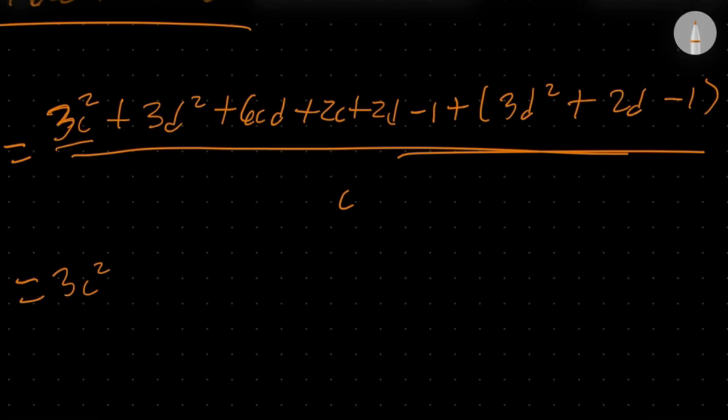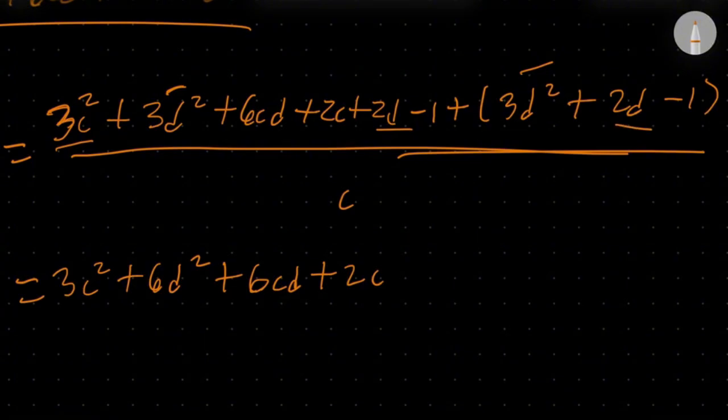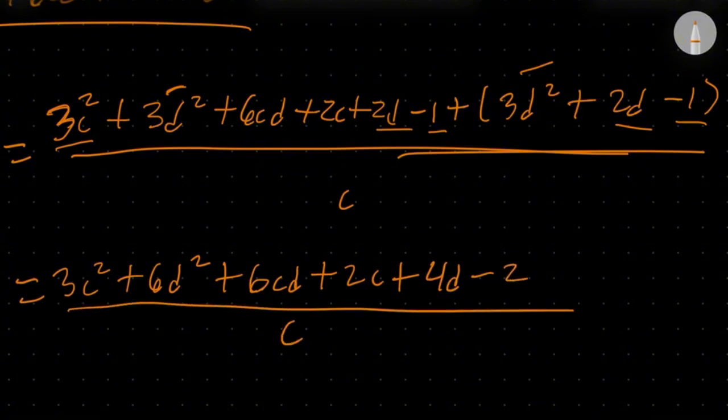And we'll add 3d squared with 3d squared, then we'll have 6d squared, plus 6cd, plus 2c, and we have other like terms here, 2d and 2d, which is equal to 4d, and another like term here, minus 1 and minus 1, which is equal to minus 2, over c.